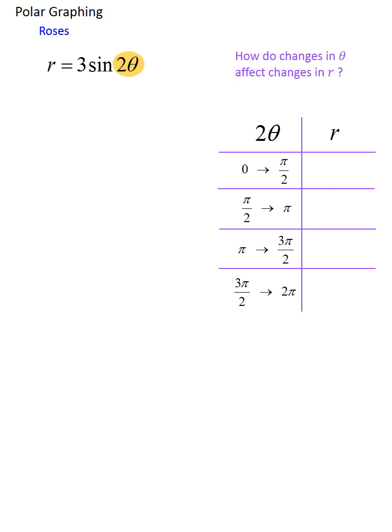For example, analyzing 2 theta as it ranges from 0 to pi over 2 is the same as analyzing theta values from 0 to pi over 4. Restated, if theta goes from 0 to pi over 4, 2 theta will go from 0 to pi over 2.